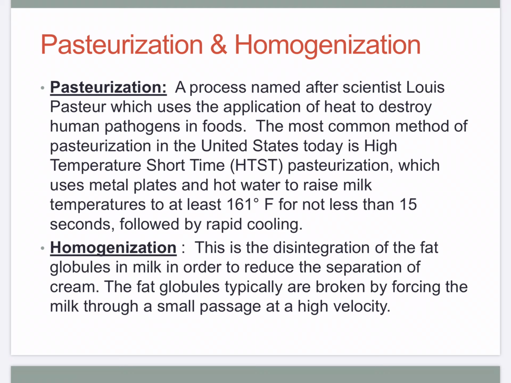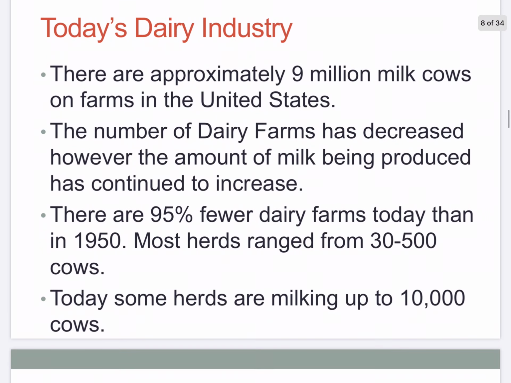Okay, next is trends in the dairy industry. So today's dairy industry, there are approximately 9 million milk cows on farms in the United States. The number of dairy farms has decreased, however, the amount of milk being produced has continued to increase. There are 95% fewer dairy farms today than in 1950. Most herds range from 30 to 500 cows.